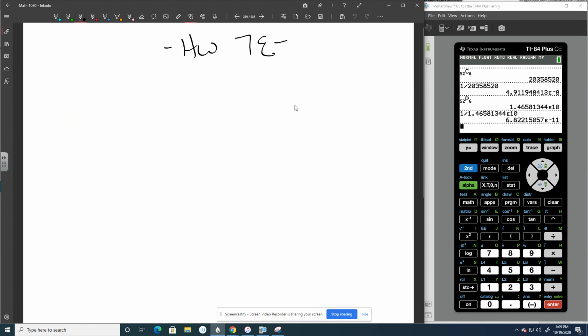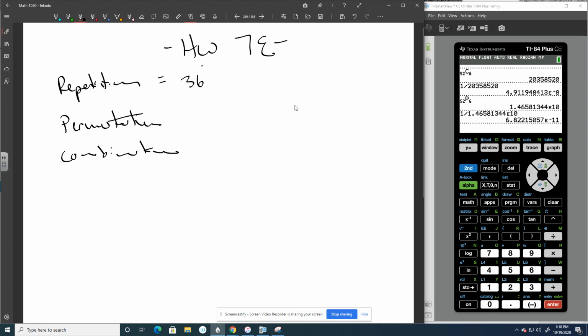So on this homework, you're going to have to choose between a repetition, a permutation, or a combination. You've got to use which formula. Remember, repetition is just the number of times raised to that power. So that was like our license plate. There were 36 different possibilities, and we were doing 7 different numbers.